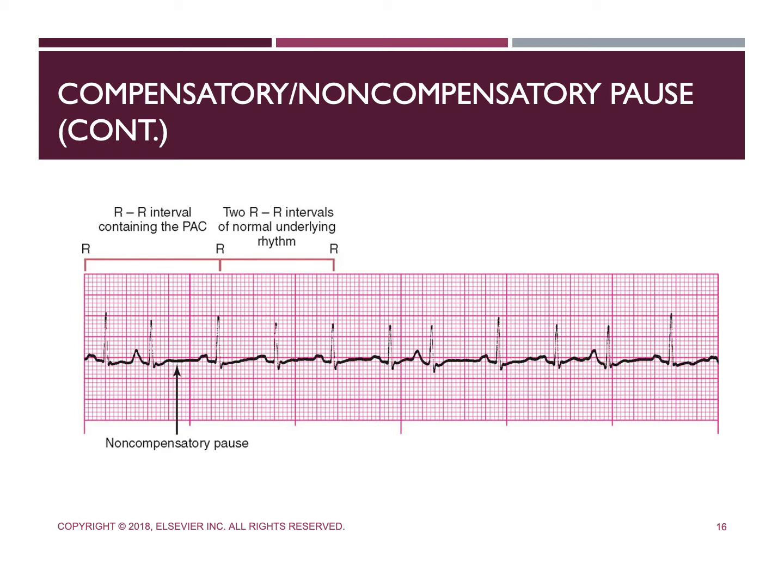As we look at this, what you'll notice is we have our first beat, and we have our second beat, which is our PAC. You can tell here by the elevated P wave. Then you'll notice there's a long pause. That is our non-compensatory pause. Then we get back to our normal sinus rhythm in beats 3, 4, and 5.